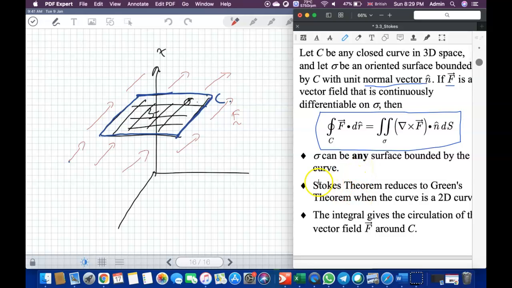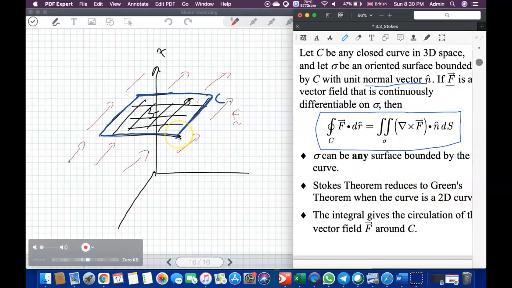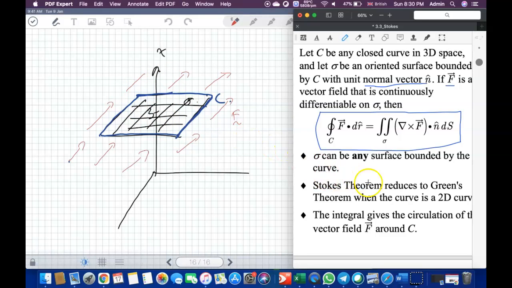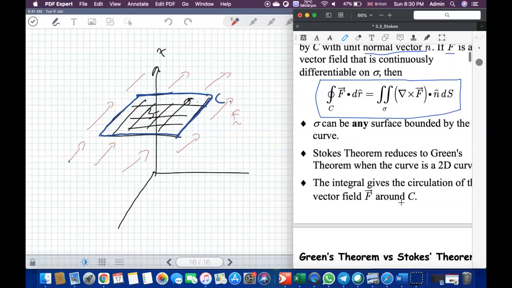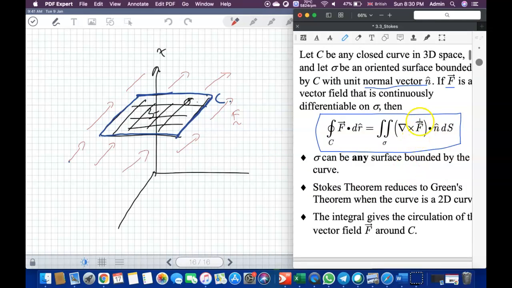As I mentioned before, Stokes theorem reduces to Green's theorem. This curve is in 3D, right? If your curve is in 2D, it reduces to Green's theorem. If you realize, for Green's theorem you have Qx minus Py, right?